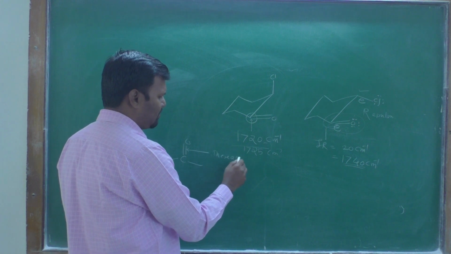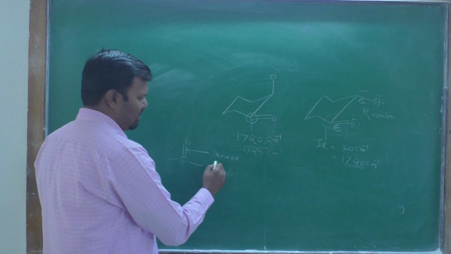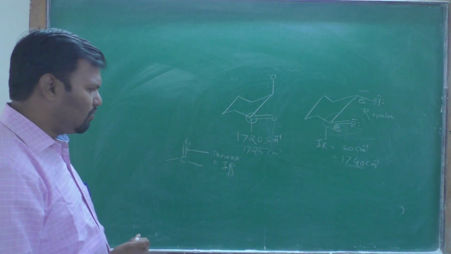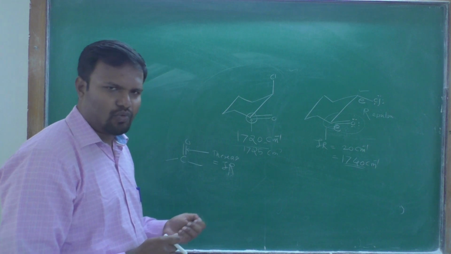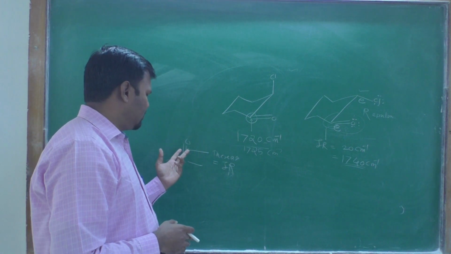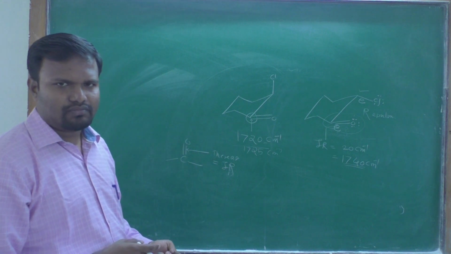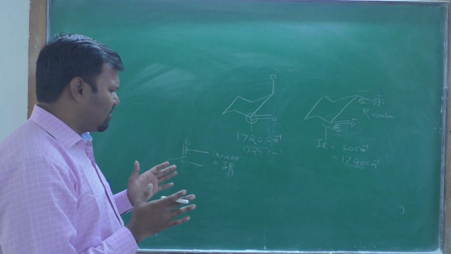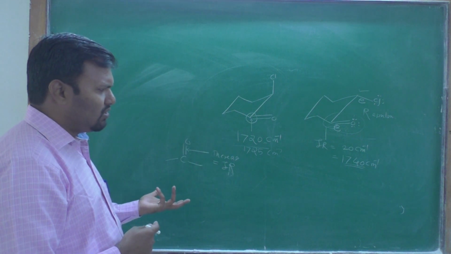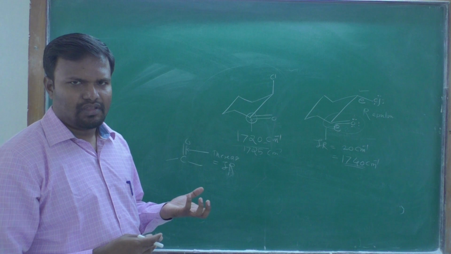is there, its double bond character increases, then it increases the IR frequency. More stretching frequency is required, more energy is required to vibrate this double bond. As the double bond character increases, the frequency will increase.